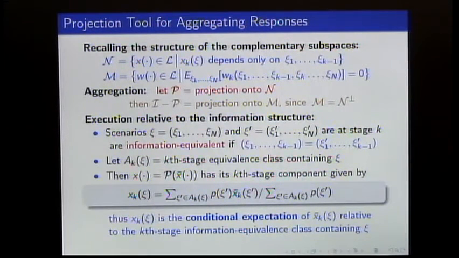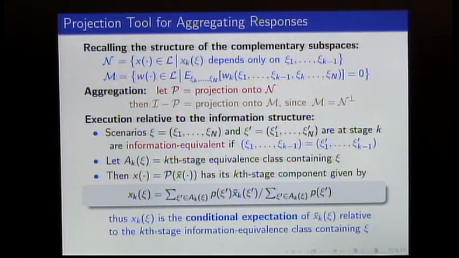And then in terms of that, I can write what the projection is. So what am I going to project? I'm going to take a function x bar, I called it here, in the space L. I'm going to project x bar onto this N to get an x. And how will I get the x in N, that is the projection of x bar? It's basically I get it by taking conditional expectations.